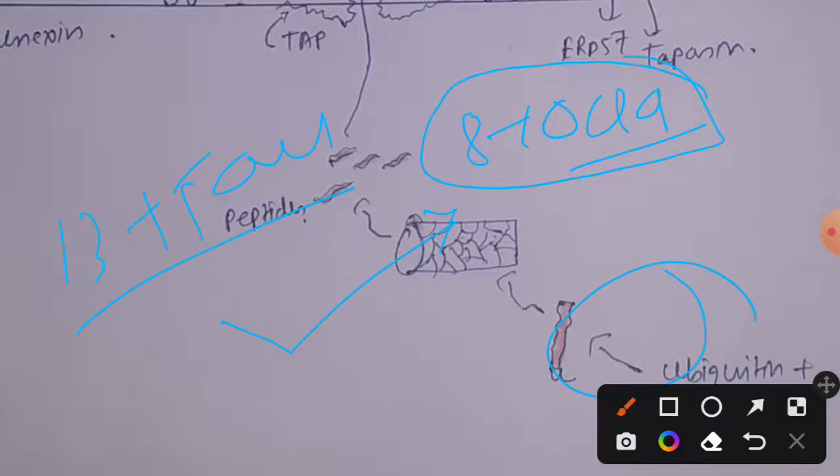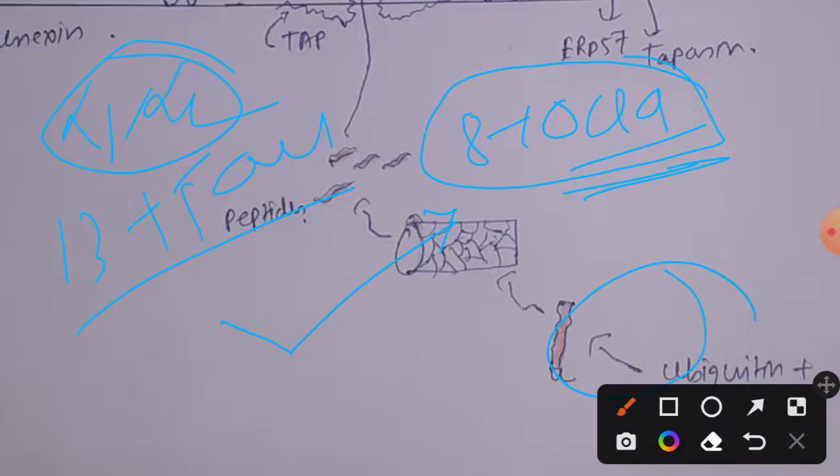But I have told you that the MHC class 1 molecule is going to present 8 to 10 amino acids, because the peptide binding groove formed by the alpha 1 and alpha 2 domains only has the ability to allow the binding of 8 to 10 amino acid long peptides.